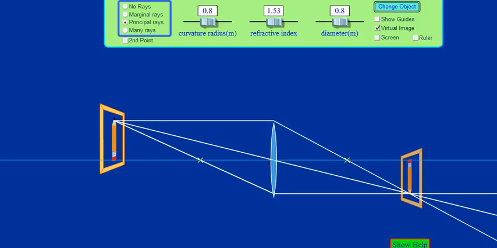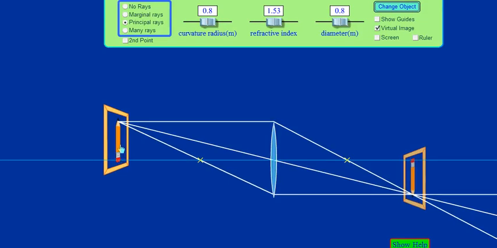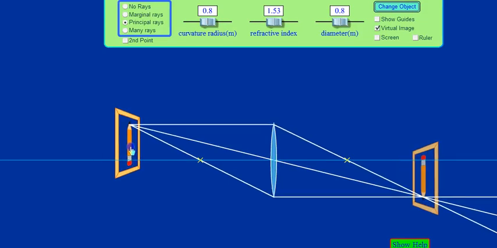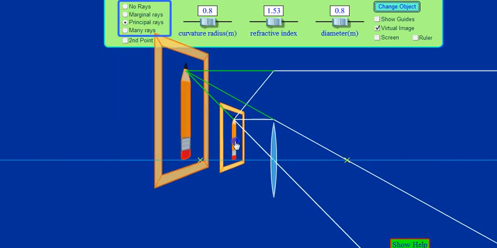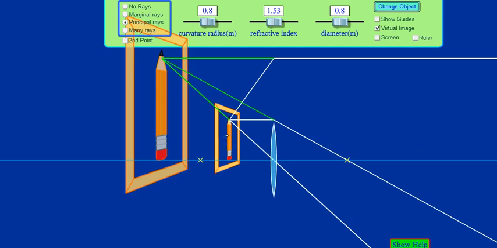Okay, and finally I can show you that right now, at least, it looks like the object and image are almost the same size. If I go inside of the focus, you can see that I have 1, 2, 3 rays that are diverging that form a virtual image, and more details on those rays a bit later on, but just to show you the behavior.